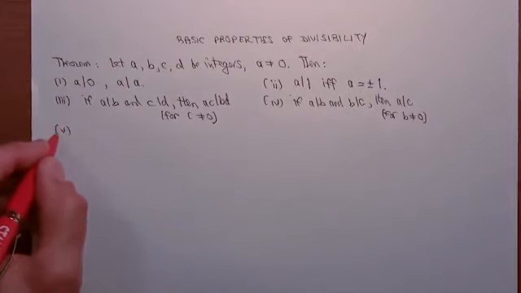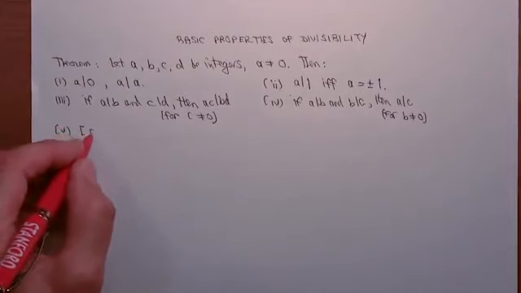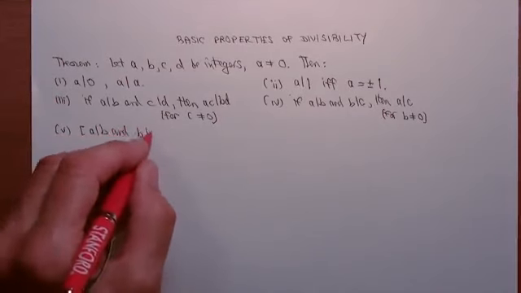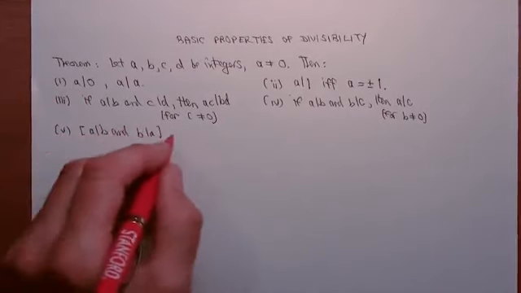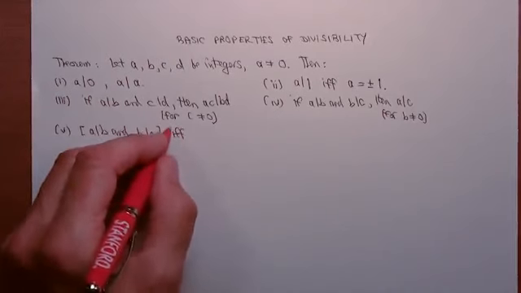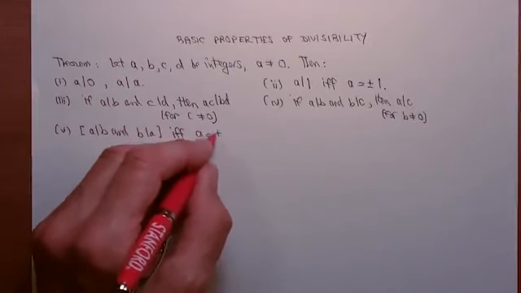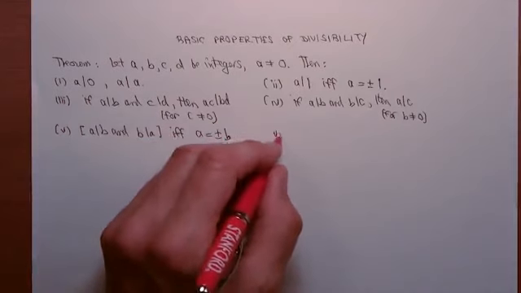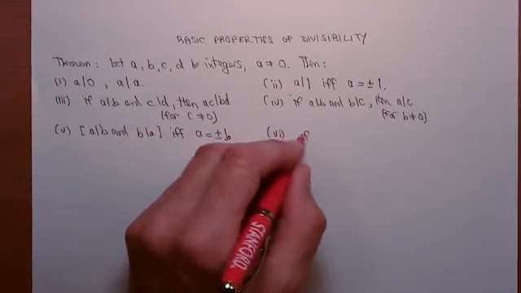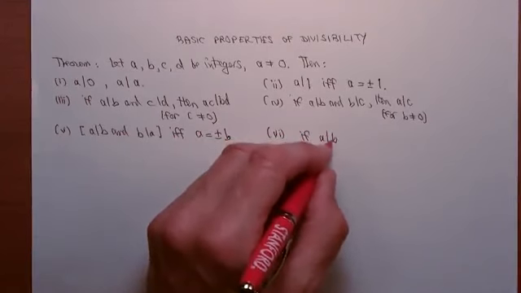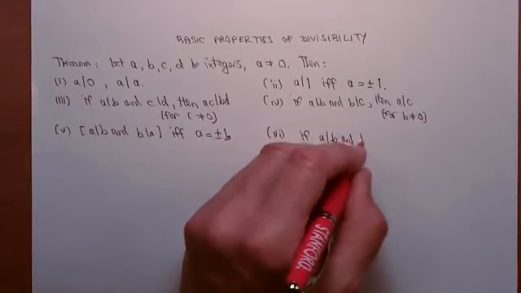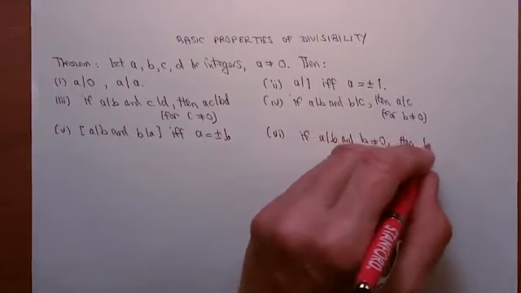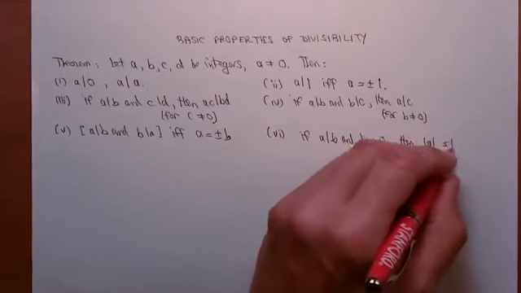5, a divides b and b divides a, those two hold if and only if a equals plus or minus b. 6, if a divides b and if b is non-zero, then the absolute value of a is less than or equal to the absolute value of b.